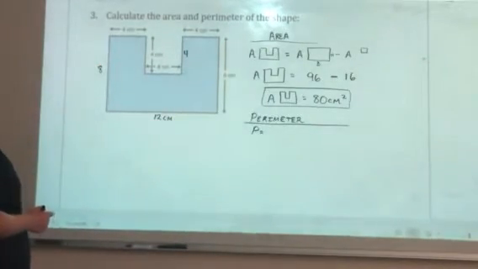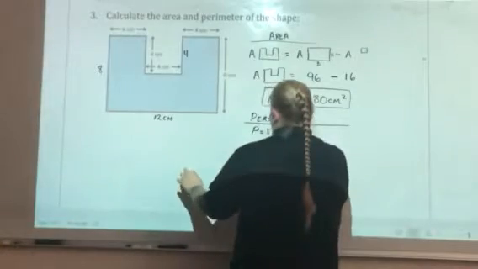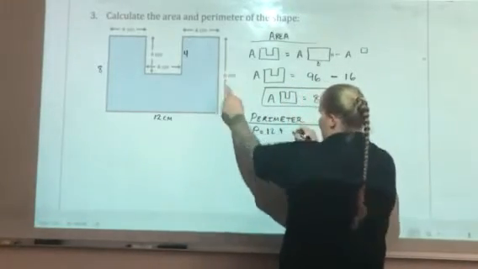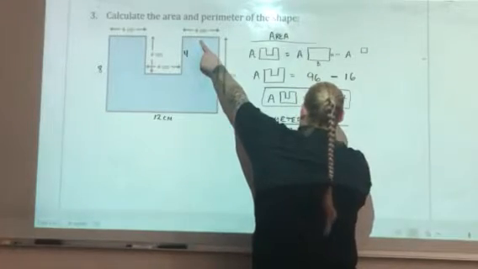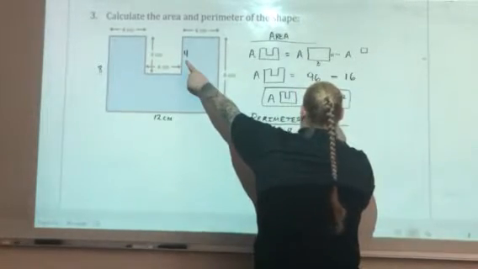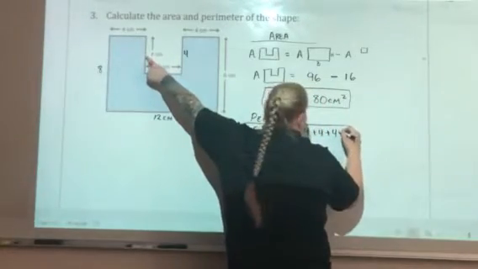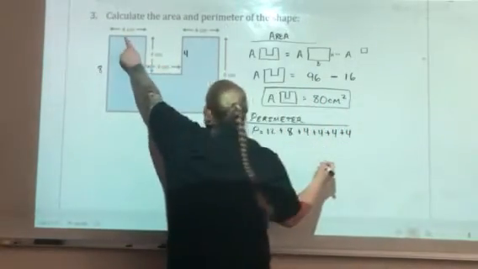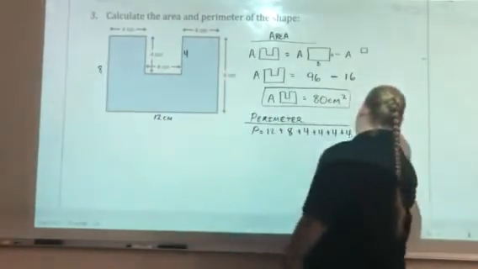Okay. So I'm going to go ahead and write everything down. I have perimeter equals 12 plus 8 plus 4 plus 4 plus 4 plus 4 plus this 4, and finally plus that 8.